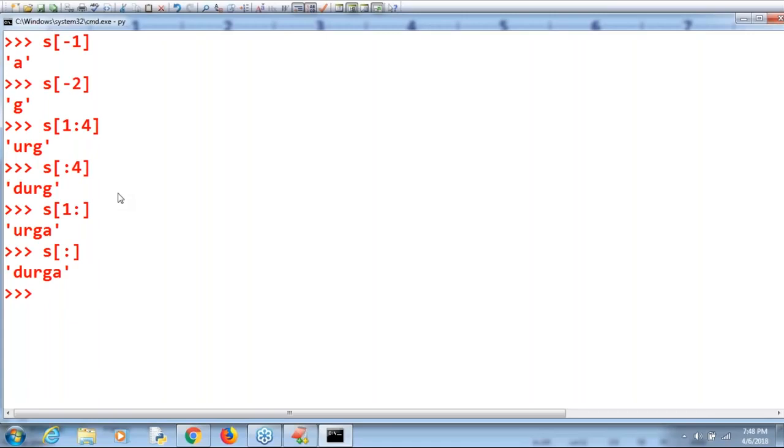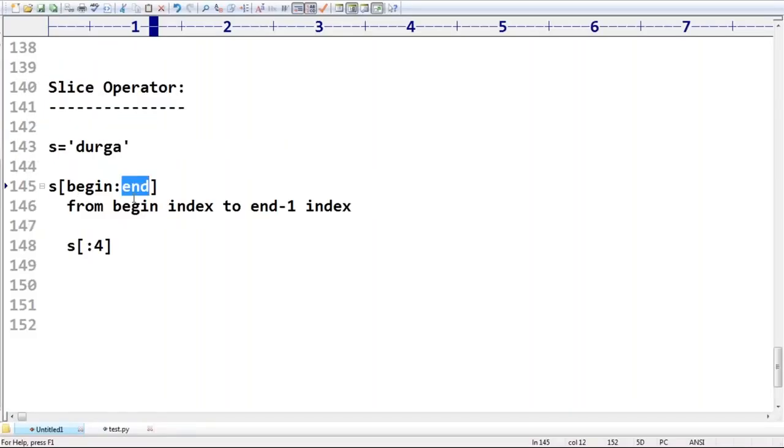Okay, that's all. Now this syntax itself is nothing but the slice operator. From this Durga, I'm taking one piece by using which operator? Slice operator. How many arguments are there for the slice operator?